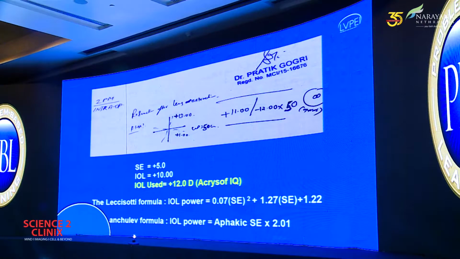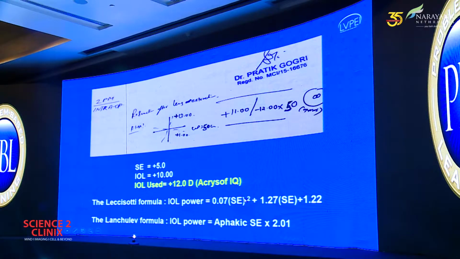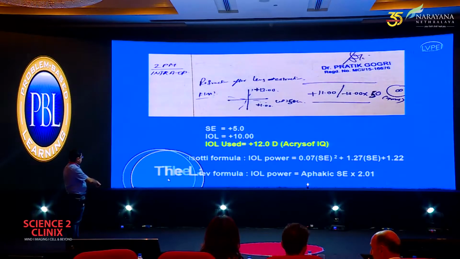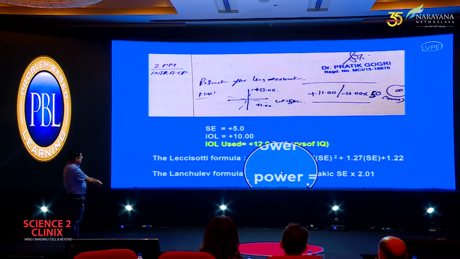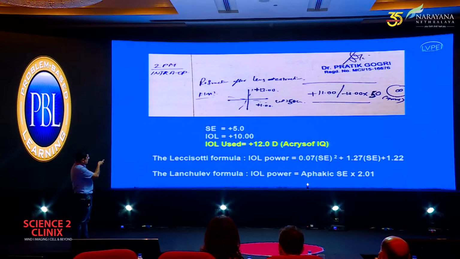These are the two formulas which have been described over the years for aphakic refraction and the IOL power calculation based on that. So we used the Lancaster formula, which is easier, that is, the IOL power is equal to the aphakic spherical equivalent multiplied by 2. So 5 multiplied by 2 gave us 10.